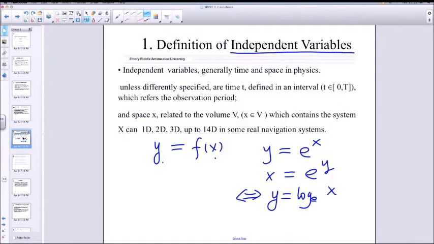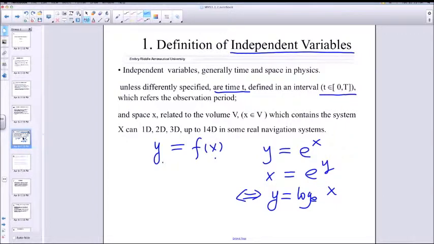But for what we are going to do in this course, unless we tell you differently, most of the time we use the time t as our independent variable. And sometimes you can also use the space x, like the coordinates x, y, z, as independent variables.